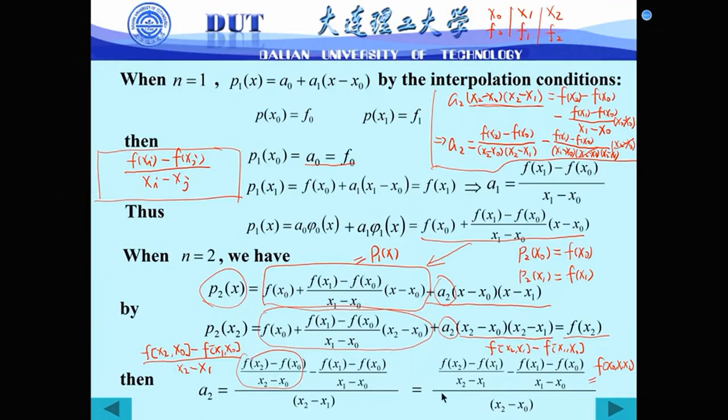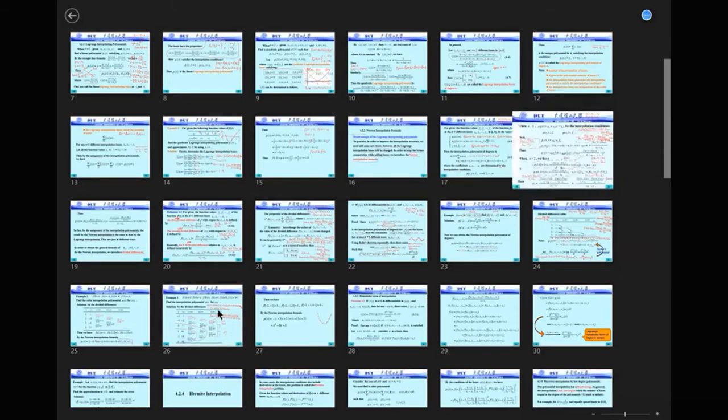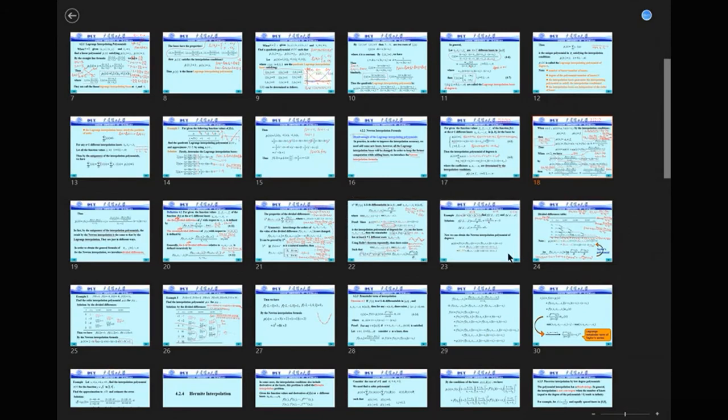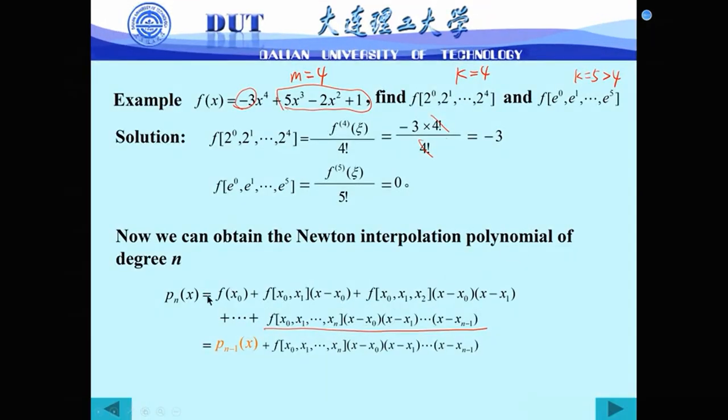Here I show you just to review. We construct Pn(x) by another set of bases: phi 0 is 1, phi 1 is x minus x0, phi 2 is (x minus x0) multiplied by (x minus x1), and so on until phi n.